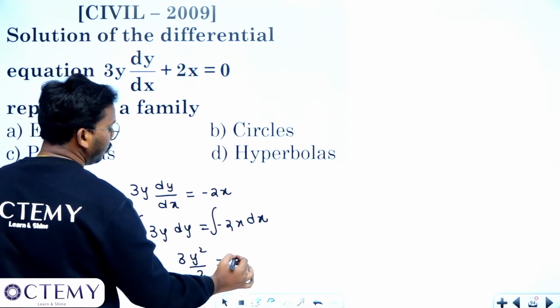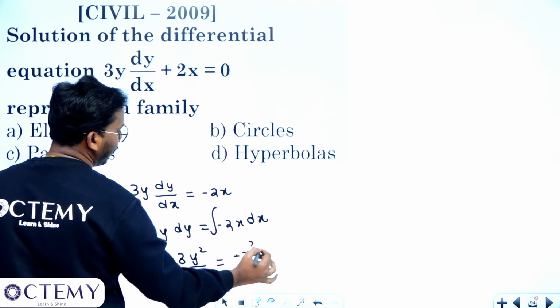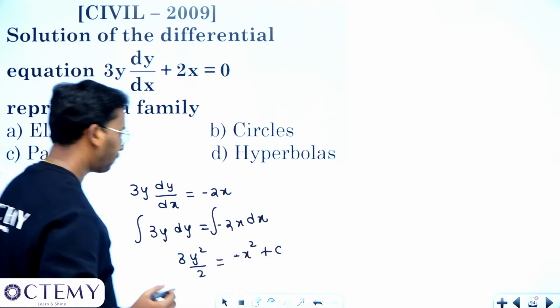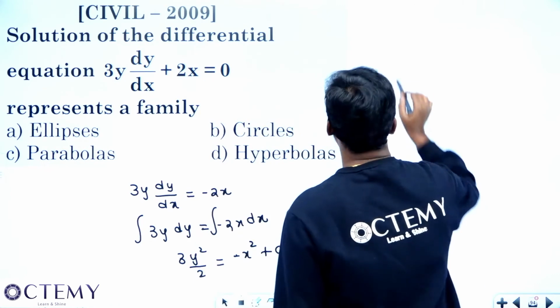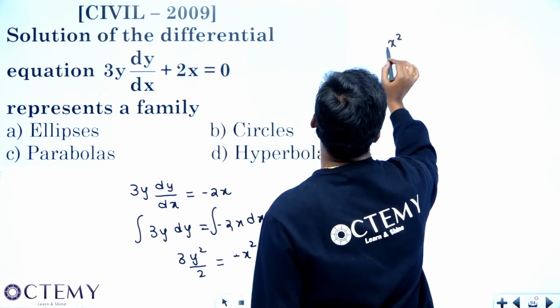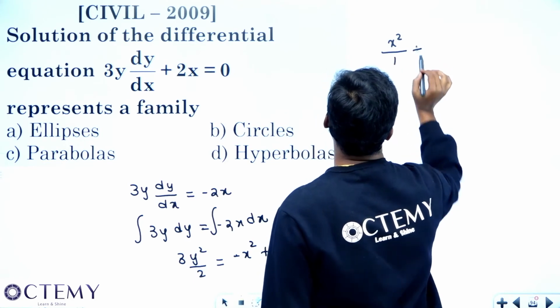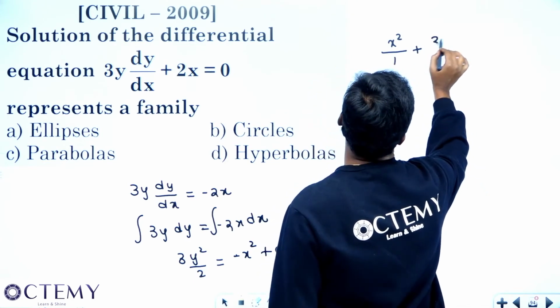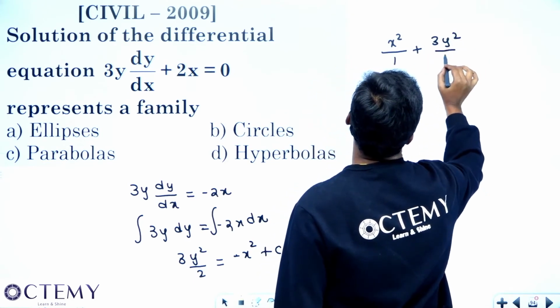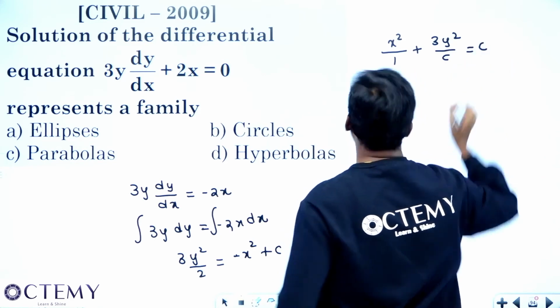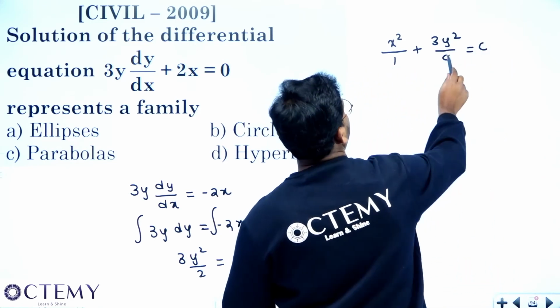Integrate. So this will become 3 into y square divided by 2 is equal to minus x square plus c. So this will become x square divided by 1 plus 3y square by 2 is equal to c.